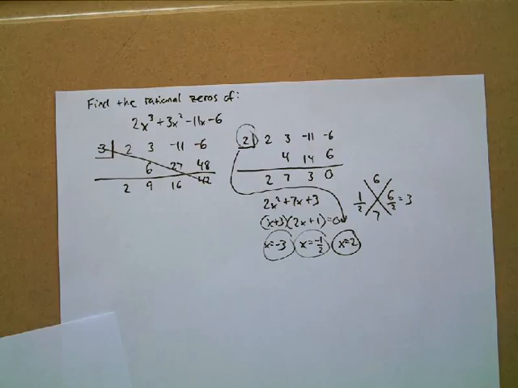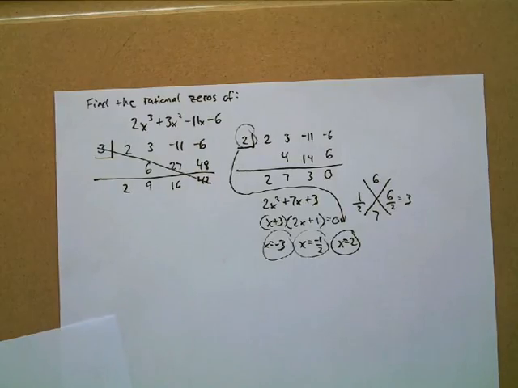And this is find all real zeros. If you can't get the quadratic to factor, you can also try using the quadratic formula too. Don't forget.